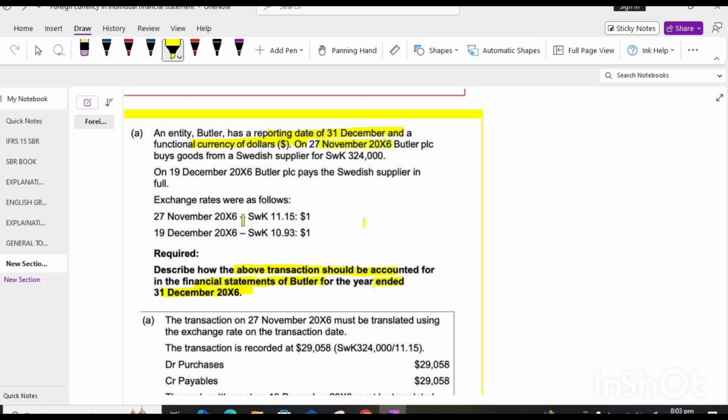On 27 November 2006, they buy goods from a Swedish supplier at this amount. They are just purchasing, a foreign transaction. On 19 December 2000, Butler pays the Swedish supplier this amount in full. So the exchange rate was this one and this one. So what do you do? First you have purchased the goods, so you have to translate it using this rate.